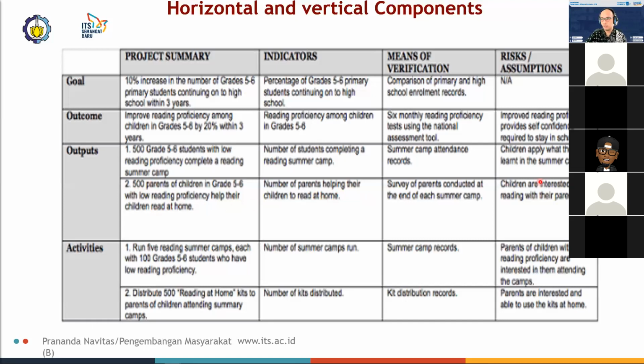Therefore, the means of verification would be to survey or interview the parents at the end of each summer camp, or perhaps you give them some time to familiarize themselves with the reading kits, say maybe 30 days after the summer reading camp, and conduct interview sessions with parents to see how the kits have helped them, if they use them at all.